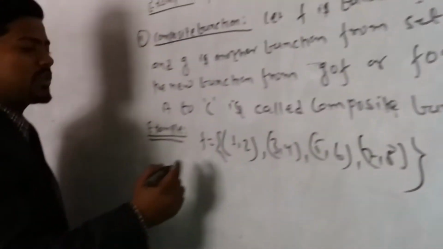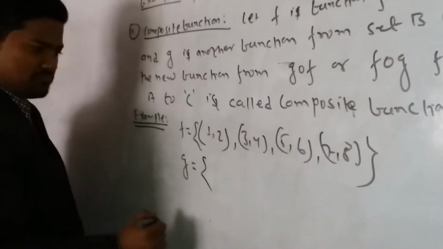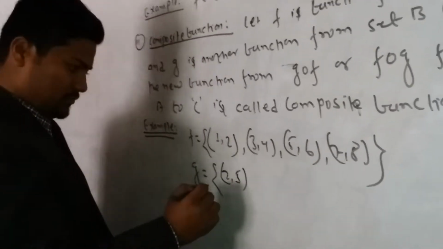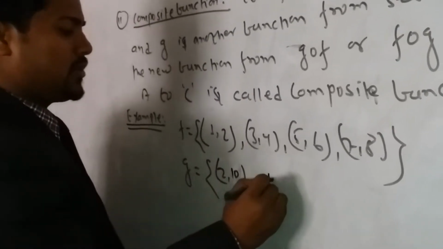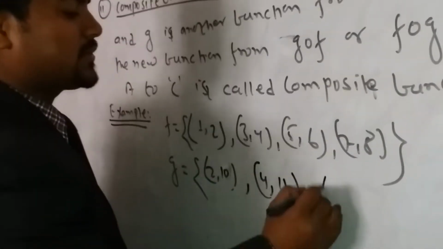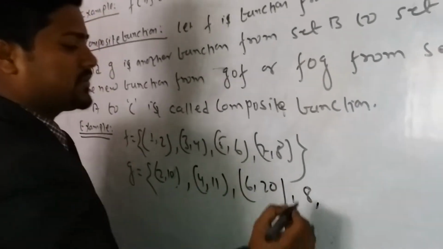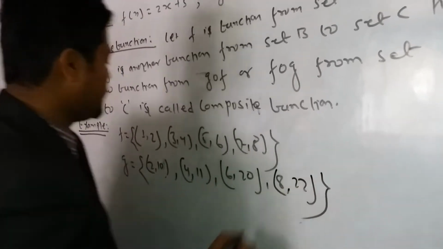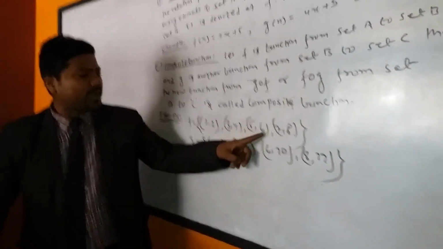Suppose that another function g is: 2 10, 4 11, 6 20, and 8 22. Like this, two functions are given.